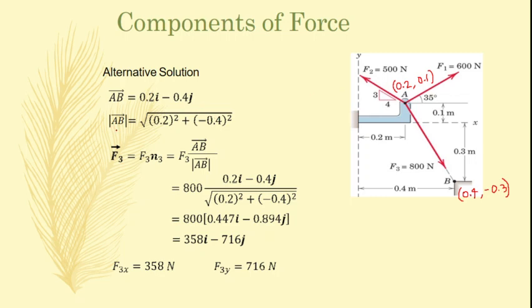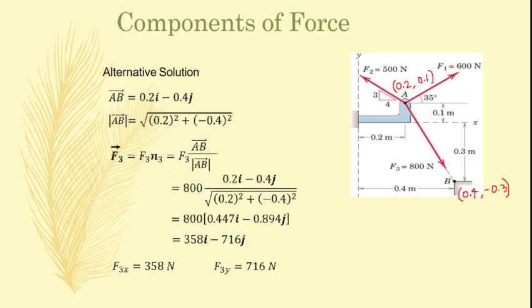Then we can automatically get the magnitude in this way. Okay, this is mod of this position vector, just root over of 0.2 square plus minus 0.4 whole square, and we can represent this force F3 in this way, that is F3 for magnitude, that is 800 Newton, and n3 is the unit vector along this AB.